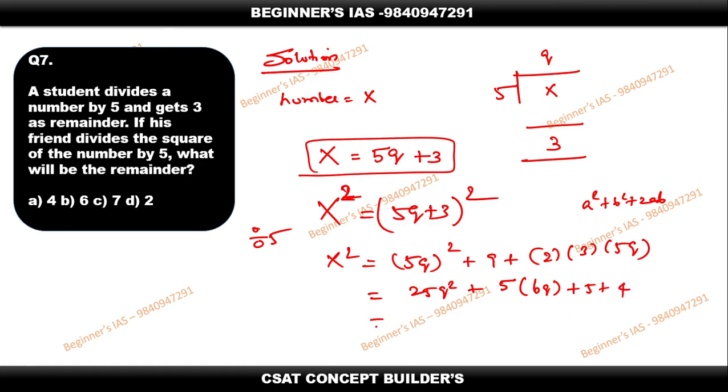So when the number is divided by 5, surely these terms are divisible by 5 and leave remainder 0. What would be the remainder? The remaining is 4. That is going to be the answer for this question. If something is multiplied by 5, then surely that number is divisible by 5. So you need to learn these logics. So the answer is going to be 4.